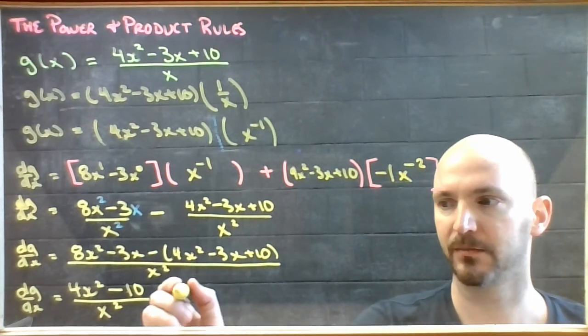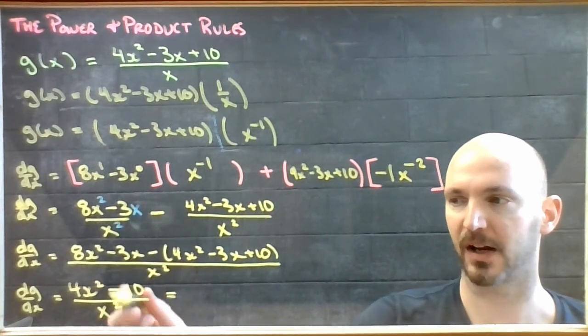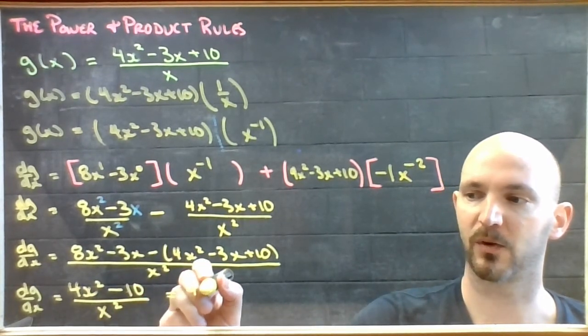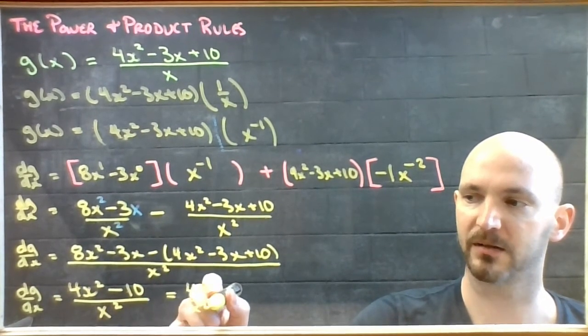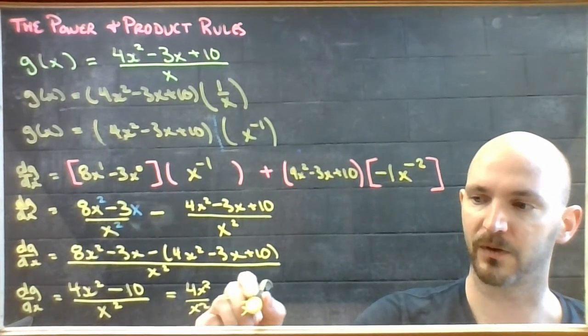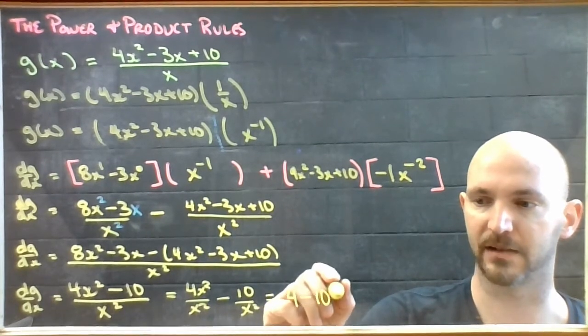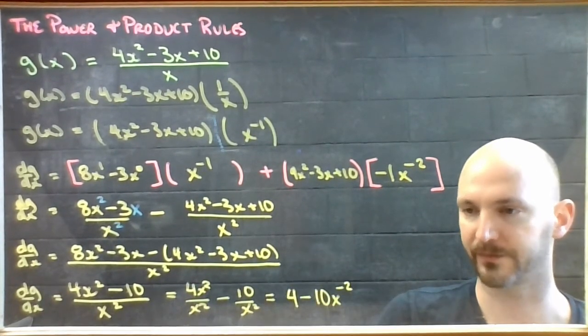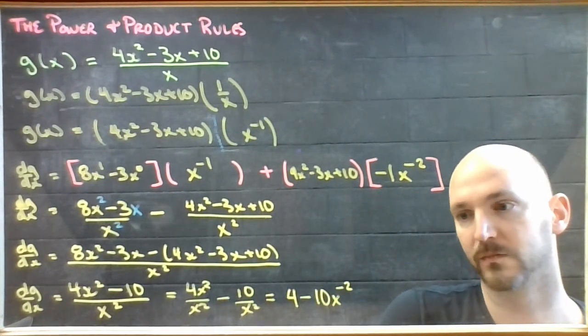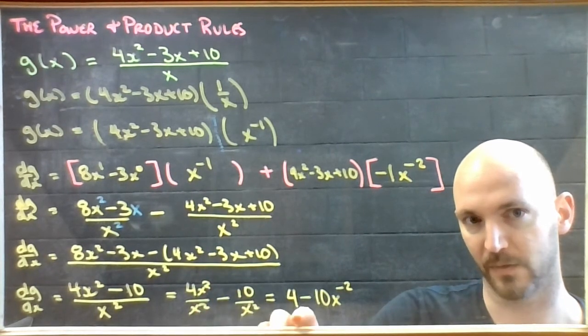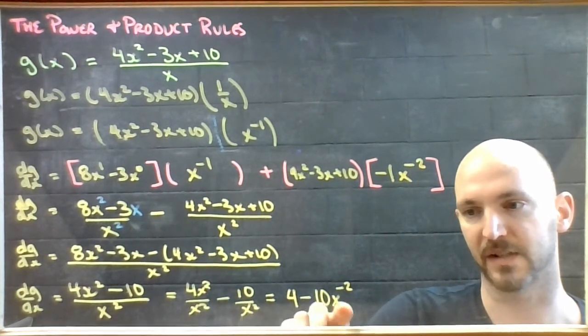And if you like, you could separate that as two separate fractions. 4x squared over x squared minus 10 over x squared, which is the same as 4 minus 10 x to the negative 2. As these undo each other, leave only the 4 behind, and this was an x squared in the denominator.